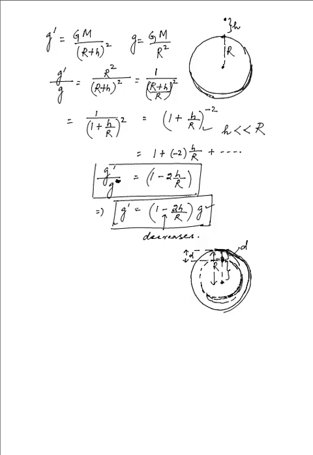What we are trying to say is that I am shading a portion, and this mass will be responsible for the gravitational pull at that point, not the outside mass. The outside mass, with the value of d much less than that of r, won't really count, because that will be a very thin layer as compared to this layer.